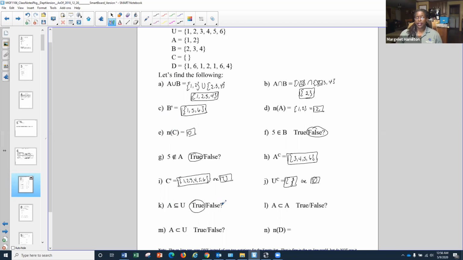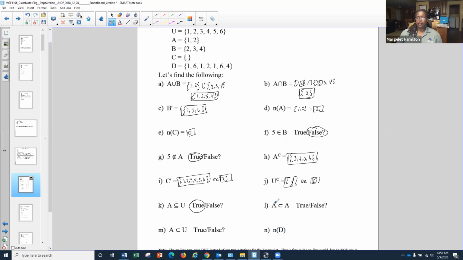But now let's look at L here. It says, is A a proper subset of A? Now the little line underneath is gone, so that's why I know it's proper. And what does that mean? Now think about the definition. Definition says we have to ask 2 questions now. First question, can all the elements of A be found in A? Yes, okay.